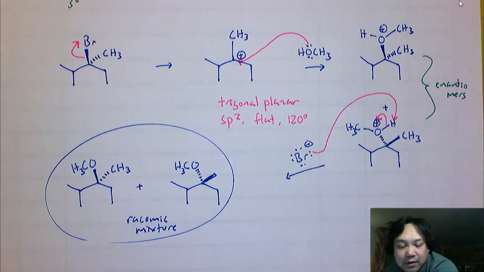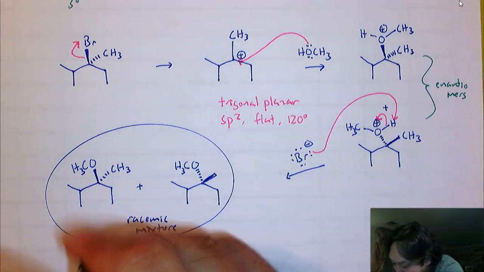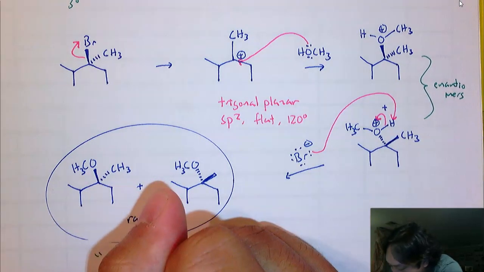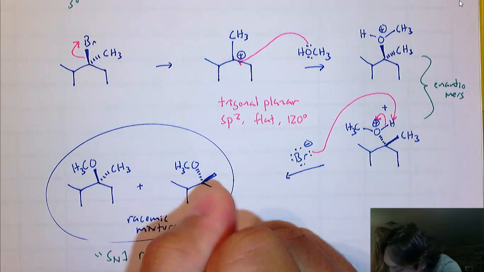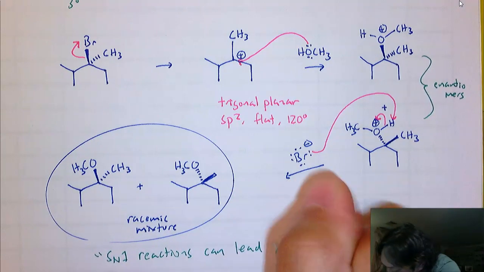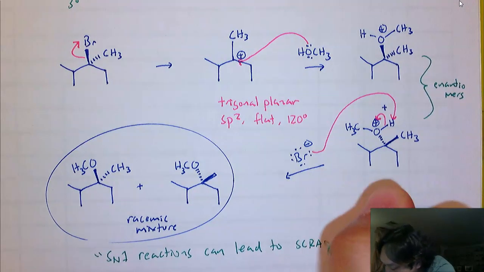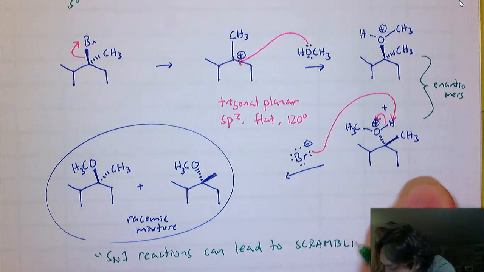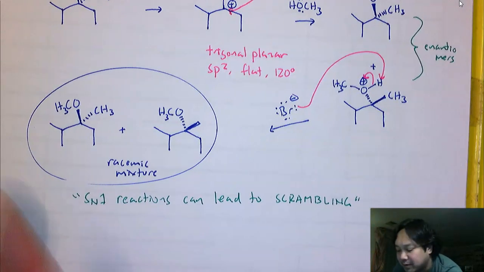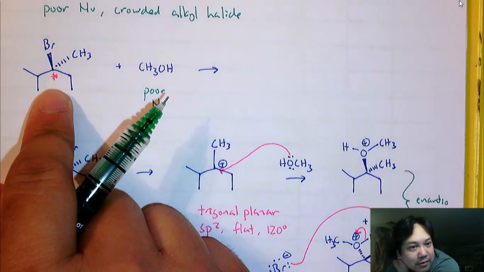But also, what we can say in this case is that SN1 reactions can lead to what's called scrambling. It's called scrambling because we started out with a pure chiral carbon.